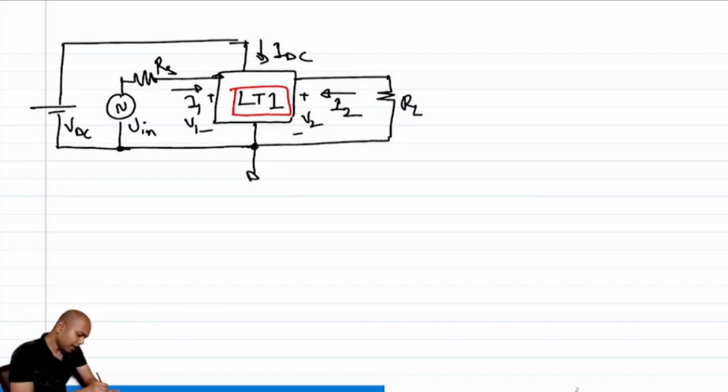So if it's an LTI system and we say that superposition holds, how can we go about figuring out what V2 is?